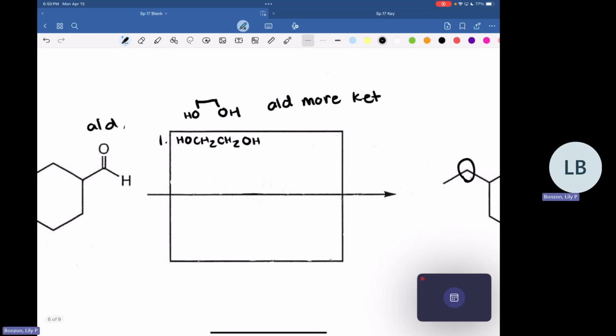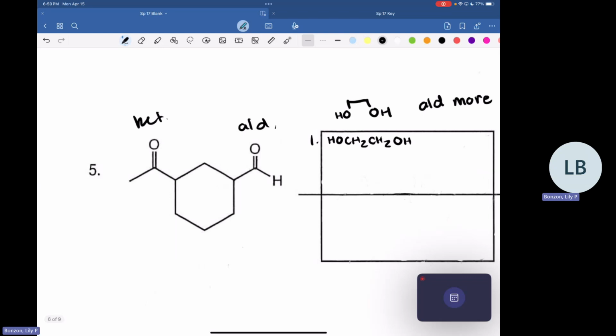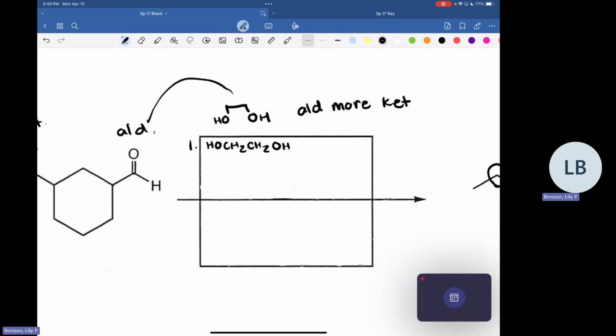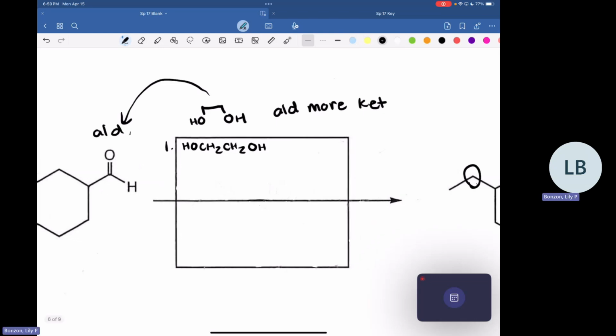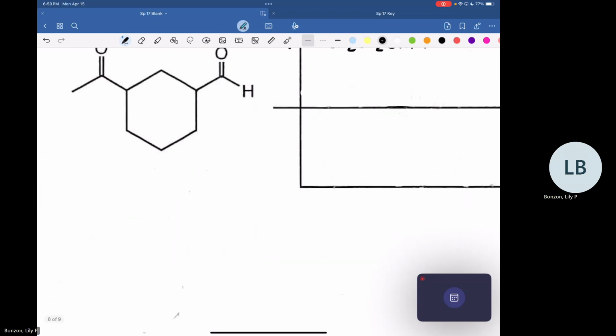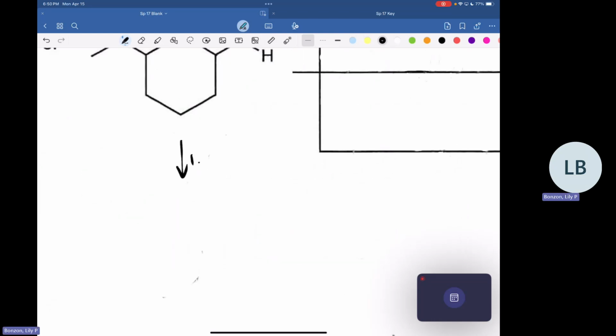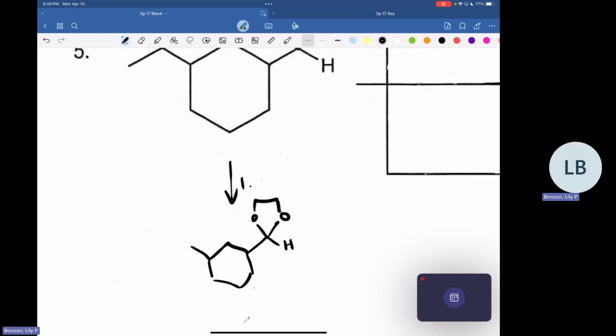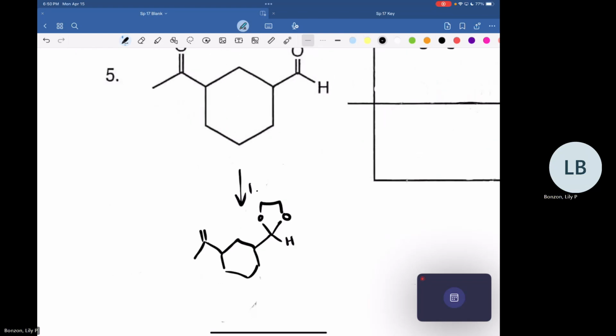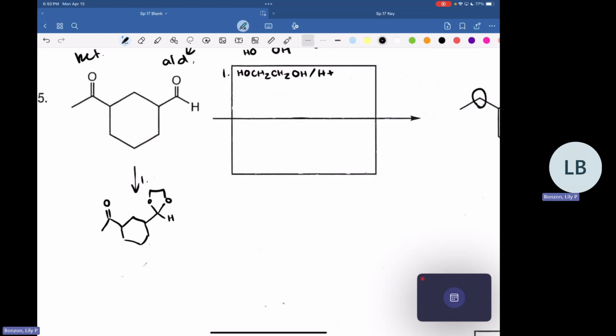So when we're given an aldehyde and a ketone, the acetal will selectively protect the aldehyde. So this is going to be our acetal and H+ for our reagents. What this is going to do is protect our aldehyde. We form that funny little cyclopentane kind of thing. And then our ketone is left alone again because aldehydes are more reactive than ketones.